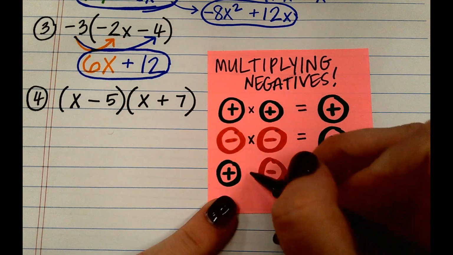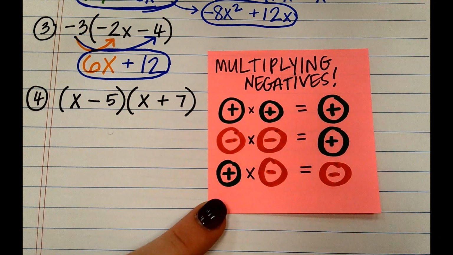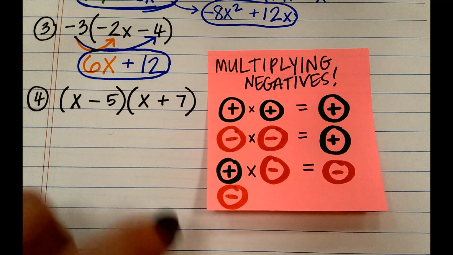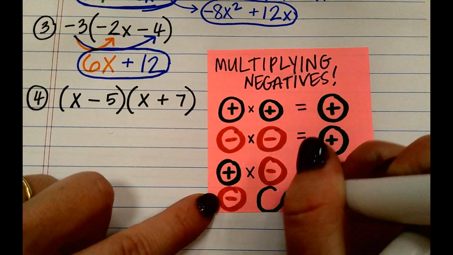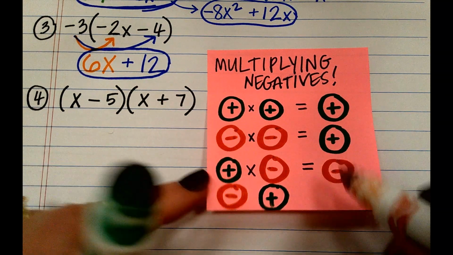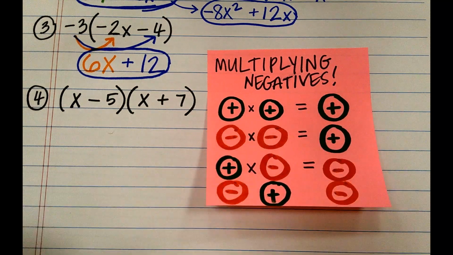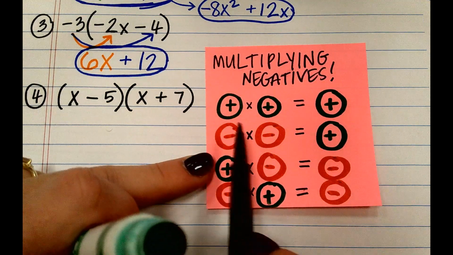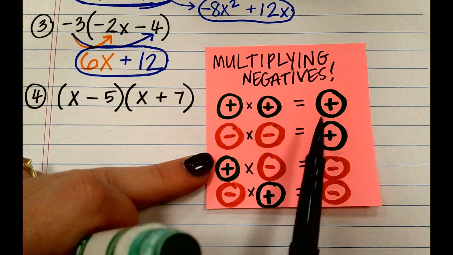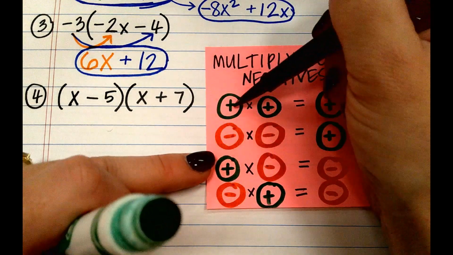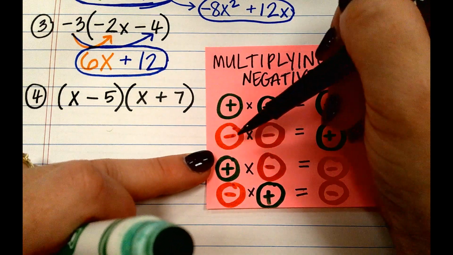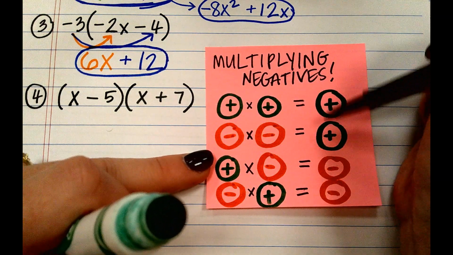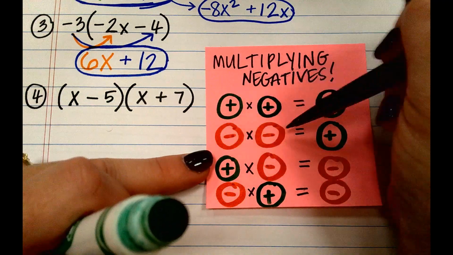Okay, and I'm going to explain this little pattern here in a second. Now what if I take a negative times a positive? You're going to get a negative. And here is the best way to remember this. If the numbers you multiply have the same sign, whether it's two positives or it's two negatives, you're going to get a positive answer because you have numbers with the same sign.